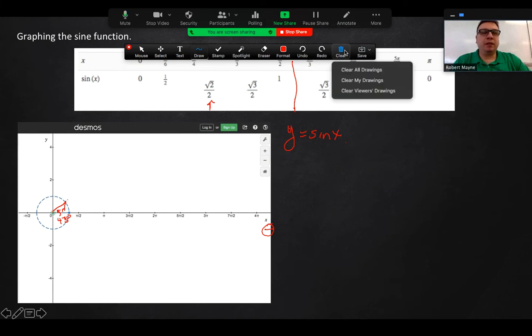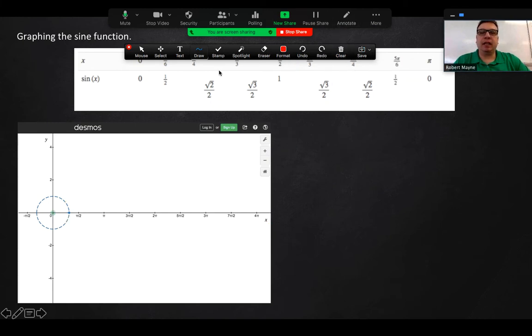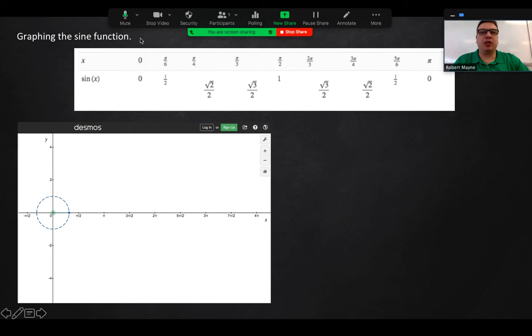So let me get rid of everything that I've written here and let the animation do its job. It's going to take a second to get started, but using Desmos, there's an app that shows you how the graph comes about. If you notice, whatever the y value is for the point, that's what it's graphing, and you can see how it's connected with the red dashed line up above, and then on the side it's giving you the y value.